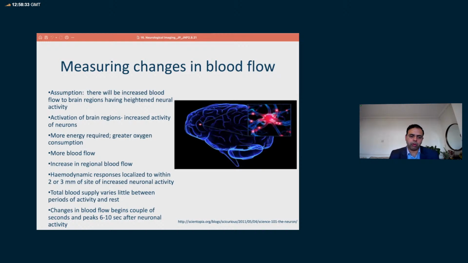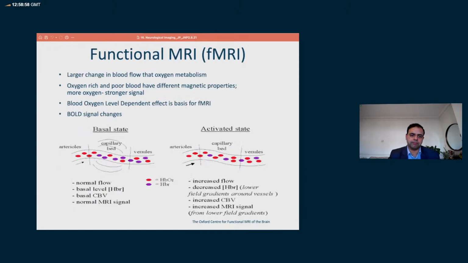This results in more blood flow, and there's an increase in the regional blood flow as a result, and that hemodynamic response is localized to within 2 or 3 millimeters of the site of that increased neuronal activity. However, the total blood supply varies little between the periods of activity and rest. And the changes in blood flow begin a couple of seconds to around 6 to 10 seconds after that neuronal activity.